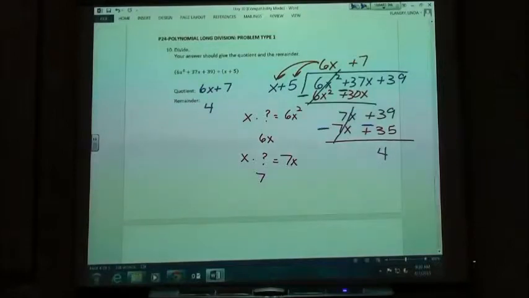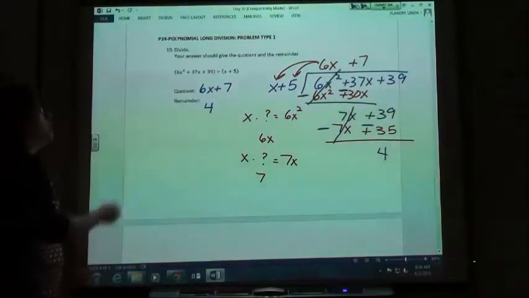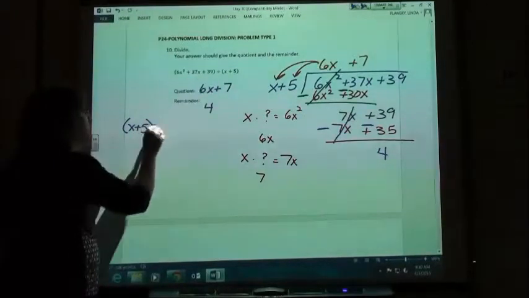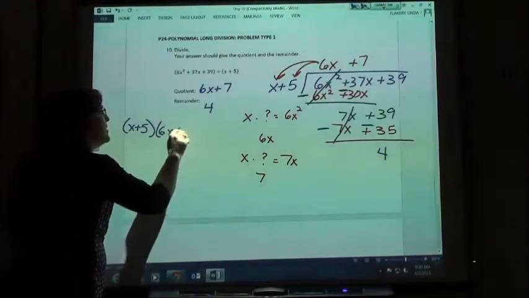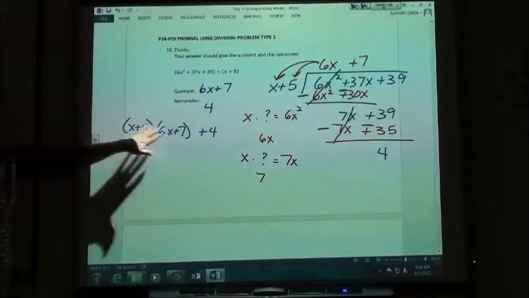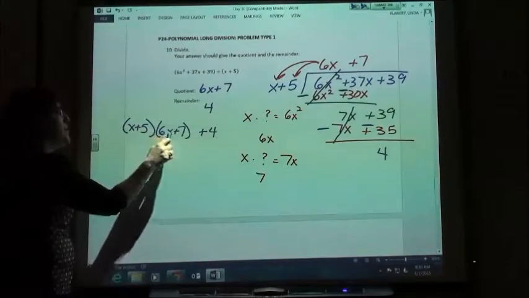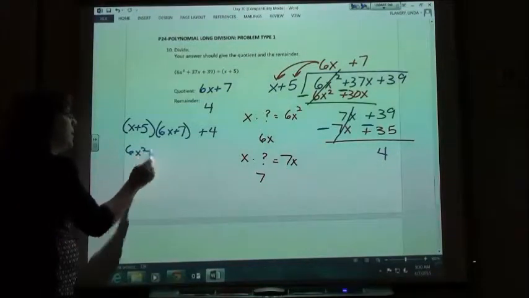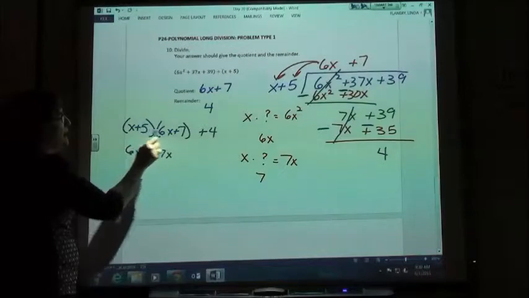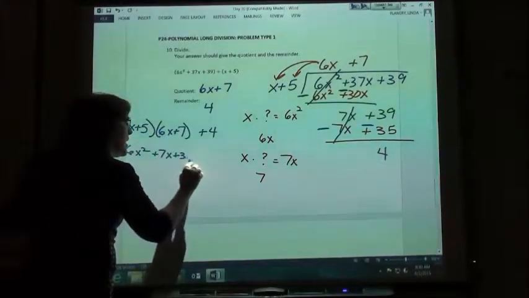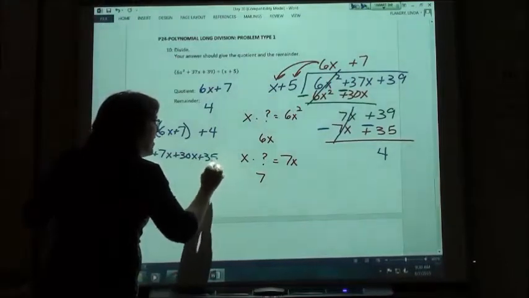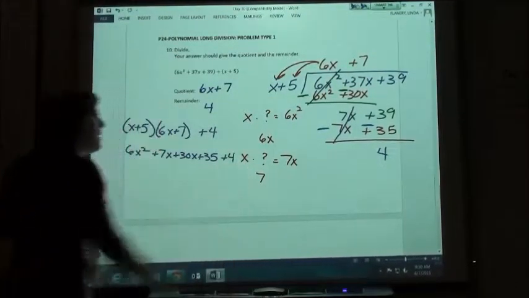Now, for fun, if you wanted to check your answer, you take your divisor, the x plus 5, times your quotient, the 6x plus 7, and then in the end you have to add the remainder on. So if I FOIL that out, x times 6x is 6x squared, x times 7 is 7x, 5 times 6x is 30x, 5 times 7 is 35, and then I had that extra plus 4.